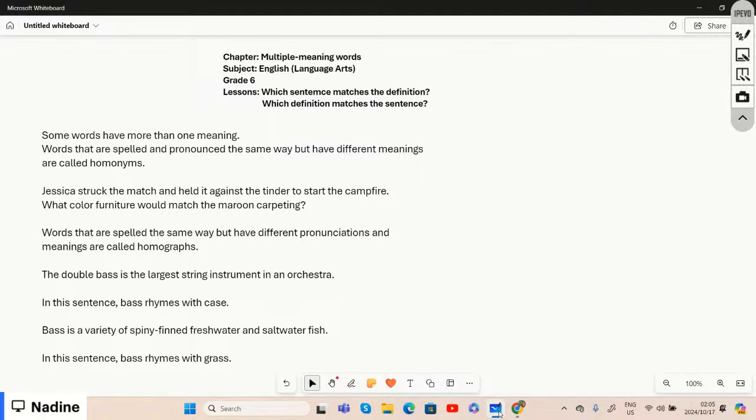And then the lessons that we are going to be focusing on under the chapter of multiple meaning words are: which sentence matches the definition, and which definition matches the sentence.